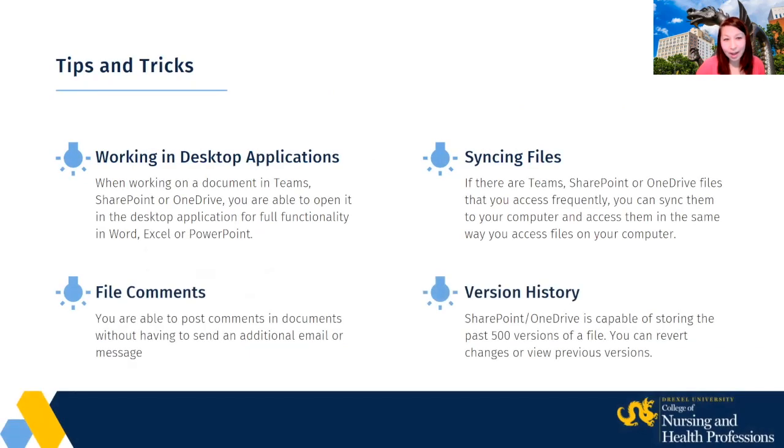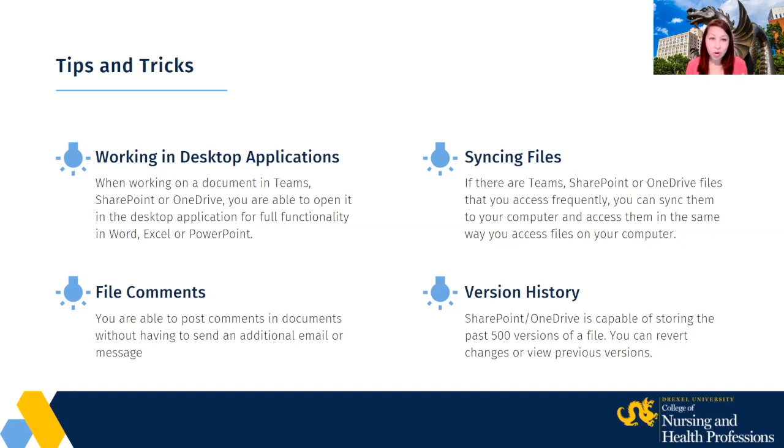Okay, next. So some tips and tricks about working in Microsoft Teams and SharePoint and OneDrive. When you are working on a document that's shared with you in Teams or OneDrive or SharePoint, you can open it by using the desktop application.